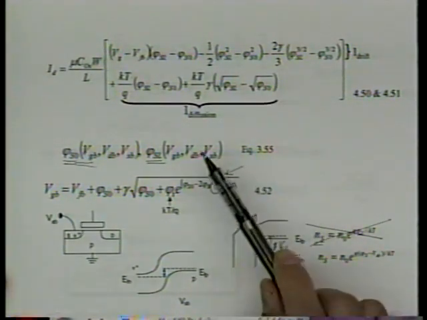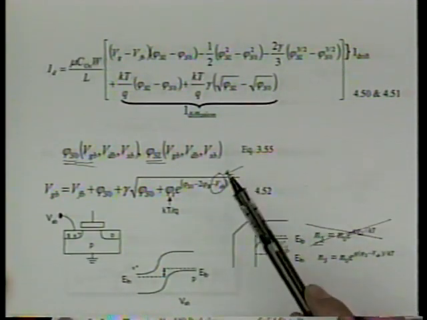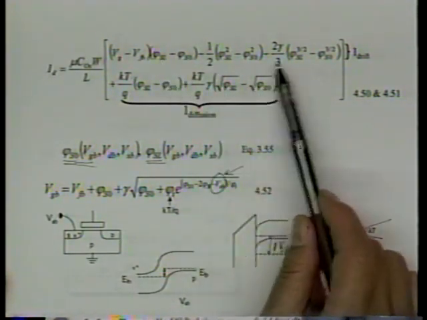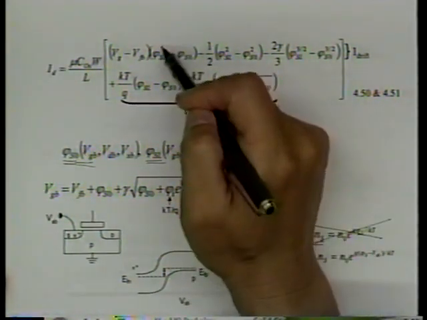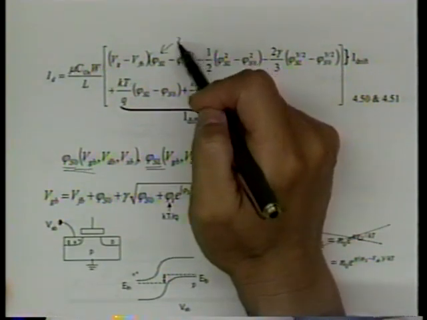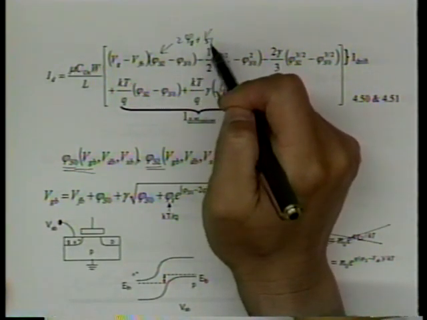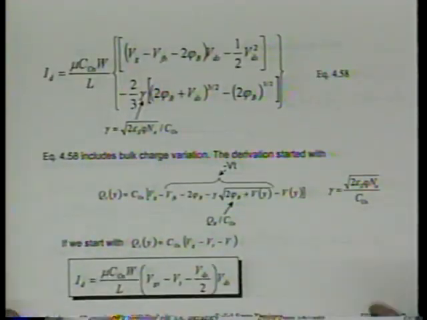You see that the square root terms are not there, and instead we just have the linear term, square term, and 3/2 power term, and each of these is as simple as 2 phi B plus VSB, or minus VSB, and you will see that.